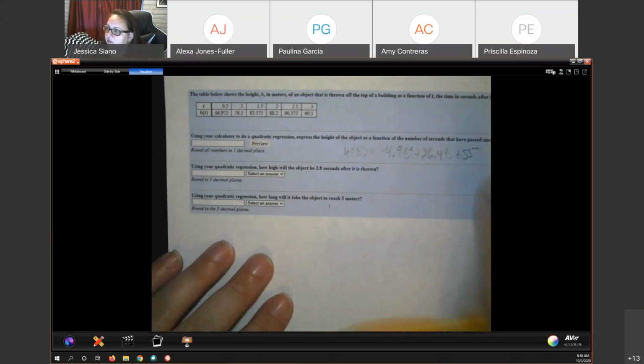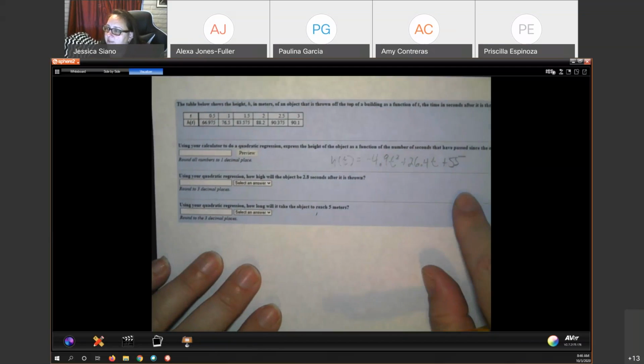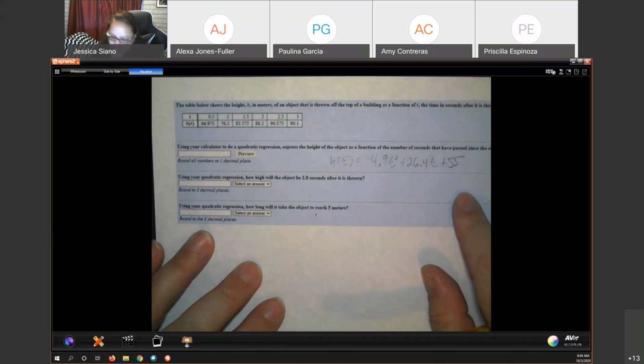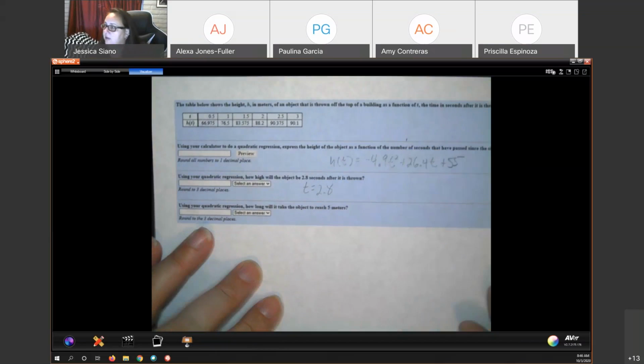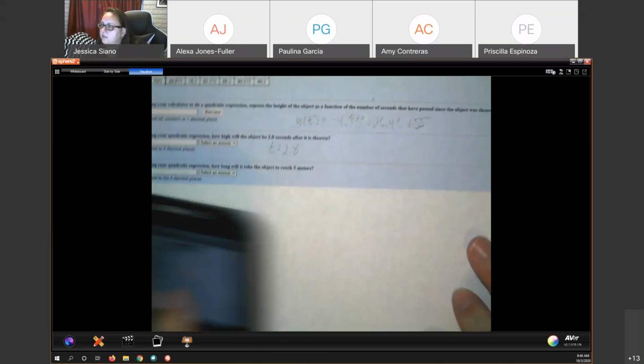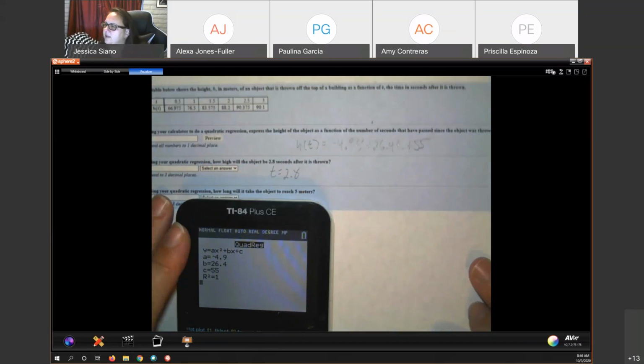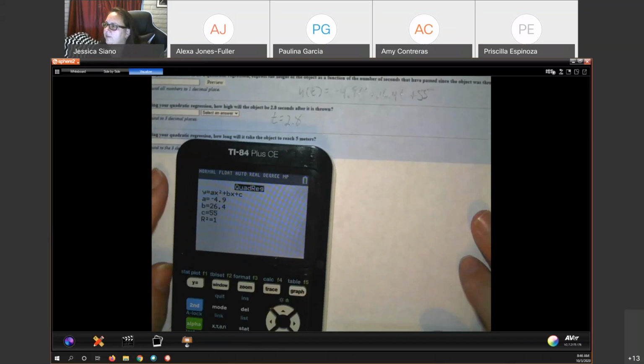Now, using this quadratic regression, how high will the object be 2.8 seconds after it's thrown? So that means T equals 2.8. I'm just going to plug that in.